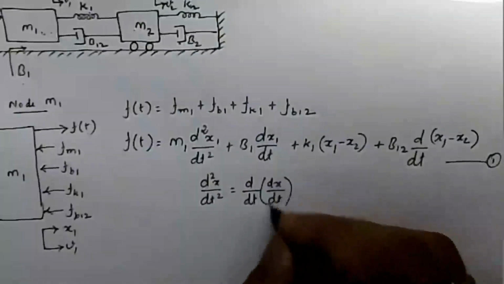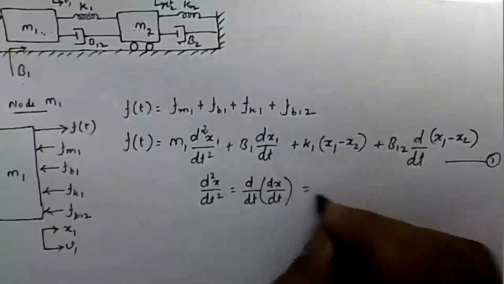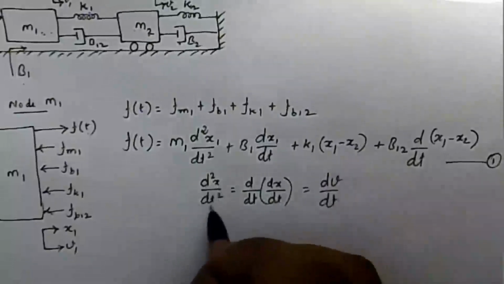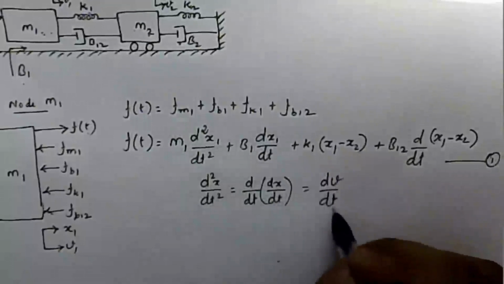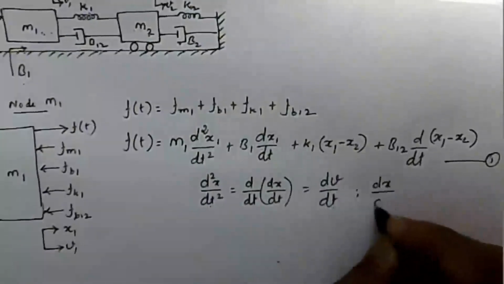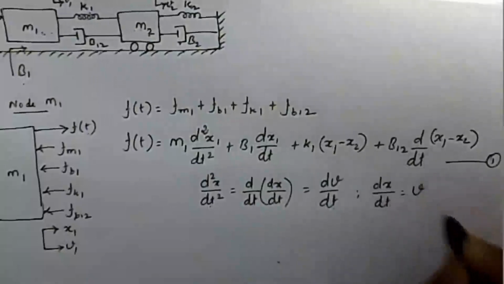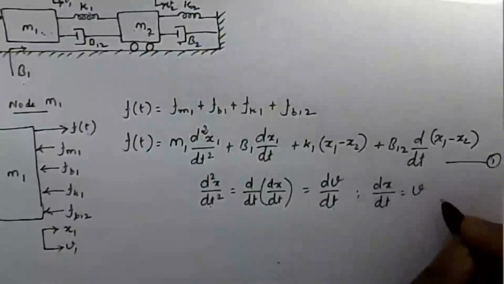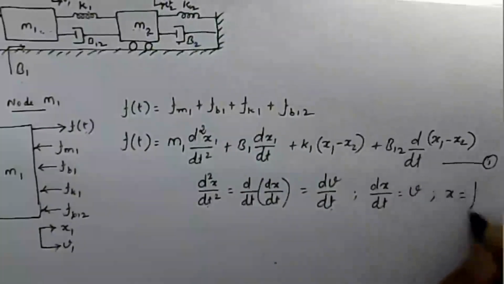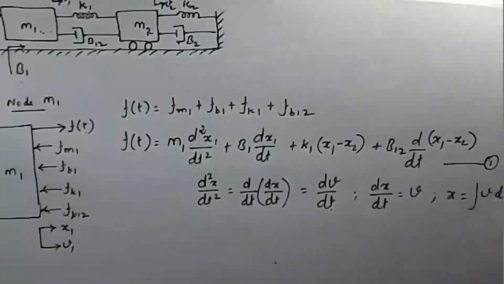The velocity is dx divided by dt, that is equal to dv divided by dt. So d square x divided by dt square is replaced by dv divided by dt. Then dx divided by dt is equal to velocity. Then again integrating this equation, we get displacement x is equal to integral v dt.